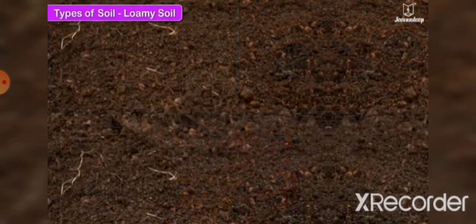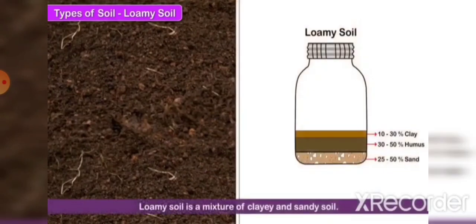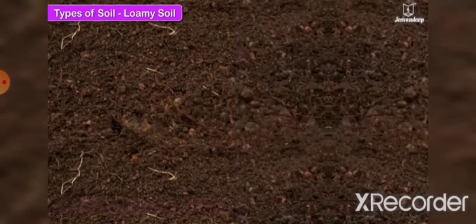Now, the third type, loamy soil. What are the contents of loamy soil? It contains 10 to 30% clay, 30 to 50% humus, 25 to 50% sand.